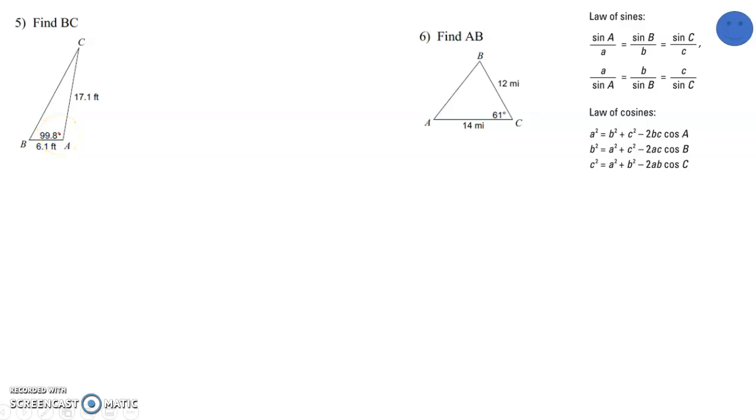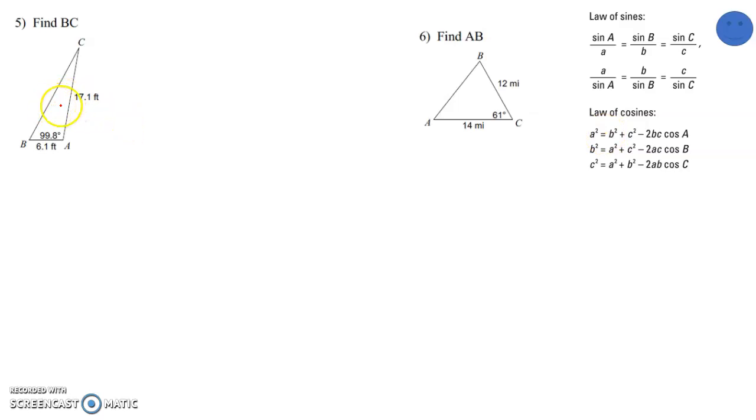Honestly, if you memorize one of these, it doesn't really matter because it's just always the bookends, like the lady had said before. It's the bookends of the angle and the side that you want.